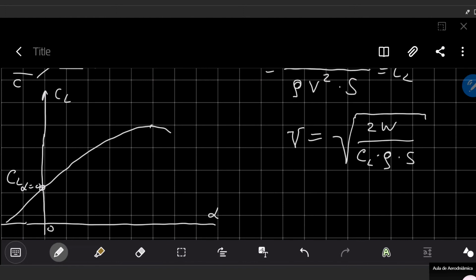And we have the maximum, CL maximum, which characterizes for us the stall conditions or taking off the airplane. For this point, we will have the minimal velocity. For the cruise case, the maximum possible velocity, because our lift coefficient has its minimal value.